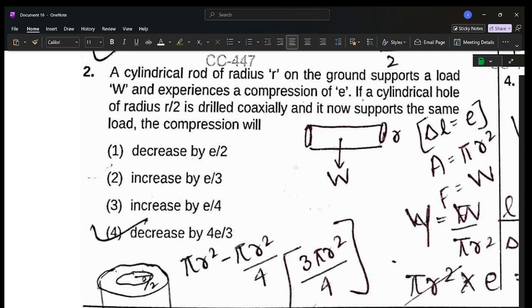Force is the same, W, the same Young's modulus, the same length. But why is... I'm getting 4 by 3e, and that's what I got.